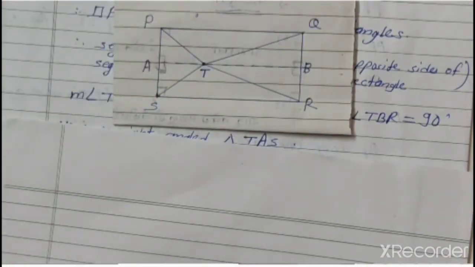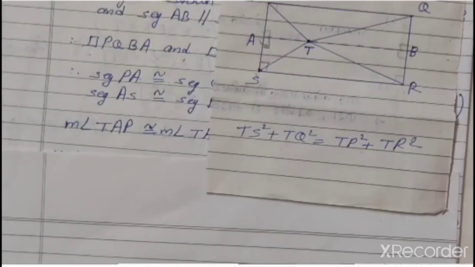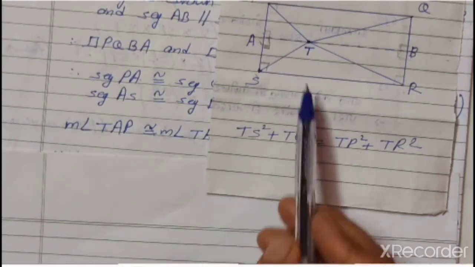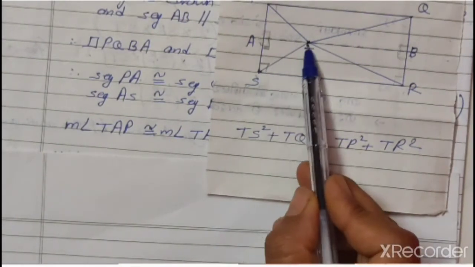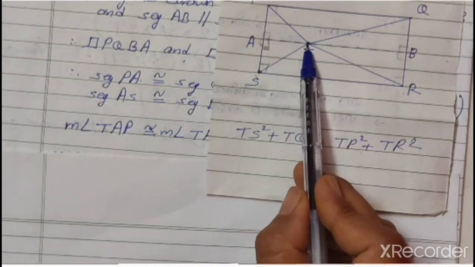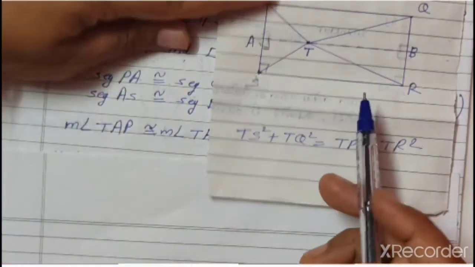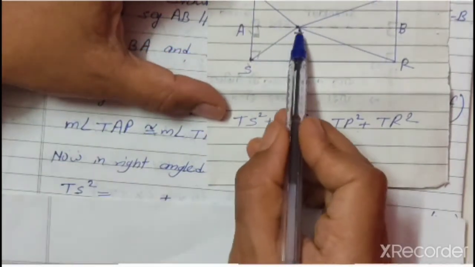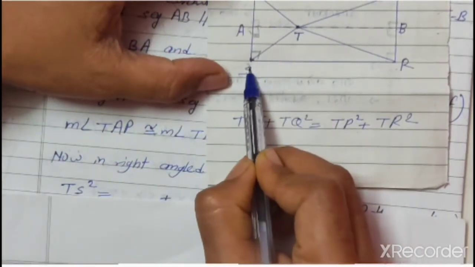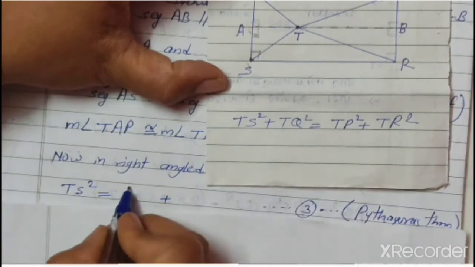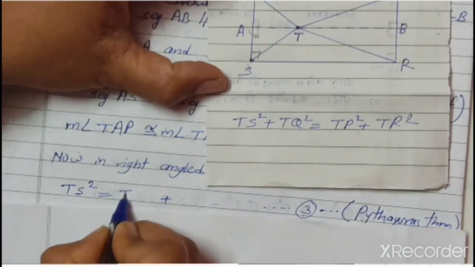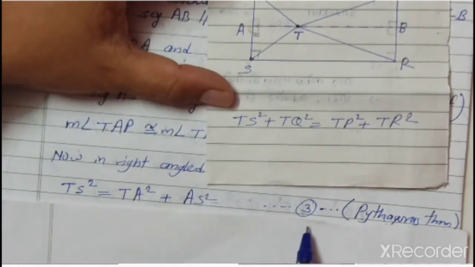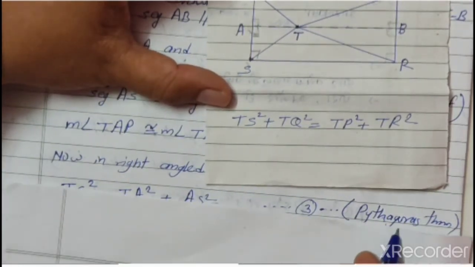Now I am using this TS square. This TS is a part of this triangle TAS. So in this right angle triangle TAS, TS is the hypotenuse. So hypotenuse square is equal to side 1 square plus side 2 square. Equation number 3, by using Pythagoras.